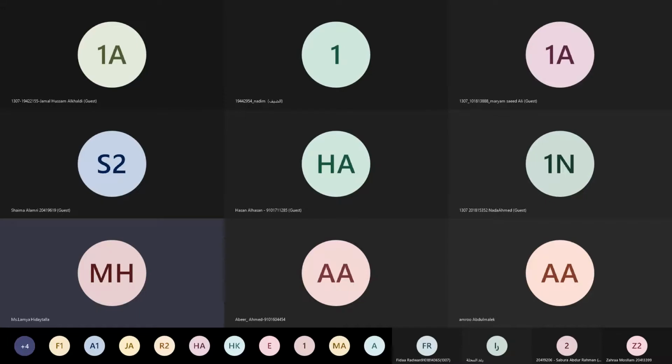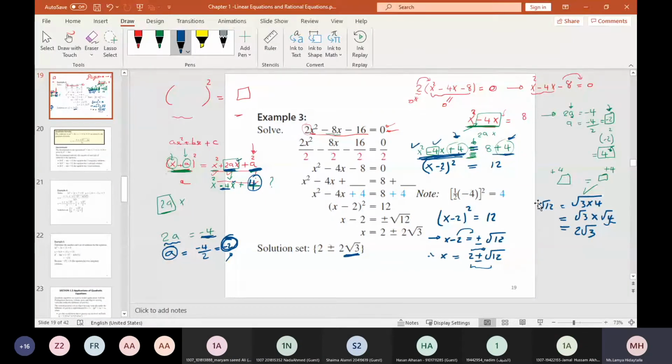Okay, we are doing chapter 1. Okay, so we will continue from where we reached before.